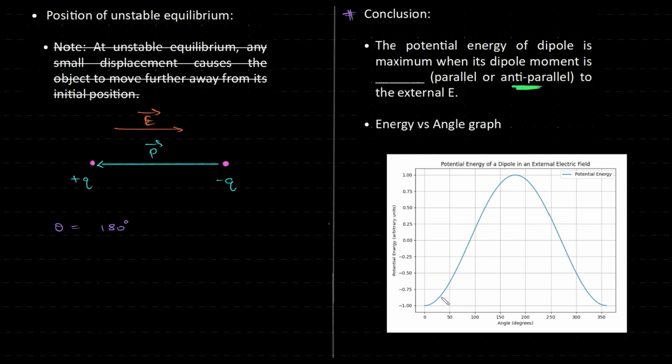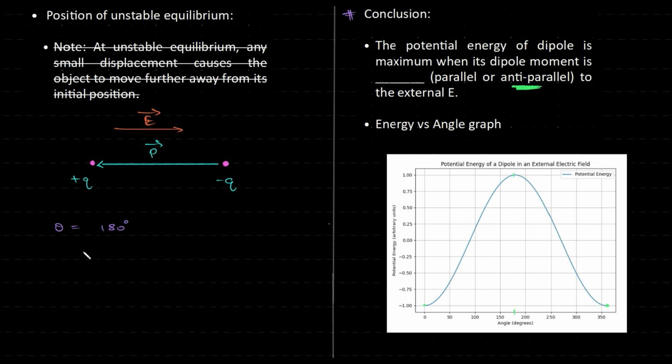Now, if I keep the angle at 0 or 180 degrees, what happens? Look at that. I think the graph, just a second, let me have a look. Oh yeah, it's right. So this is our 180 degrees. Kind of got confused.